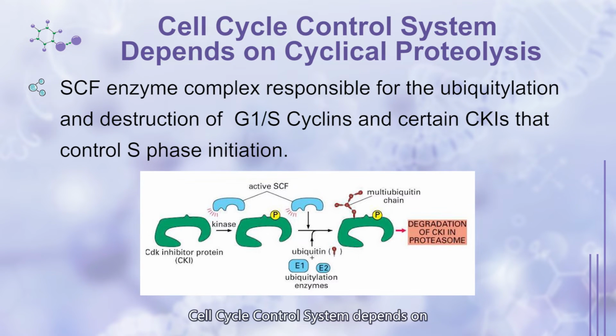The cell cycle control system depends on cyclical proteolysis. The SCF enzyme complex is responsible for the ubiquitination and destruction of G1/S cyclins and certain CKIs and controls S-phase initiation. A CKI protein can be phosphorylated for the binding and multi-ubiquitination by active SCF for proteasome degradation.